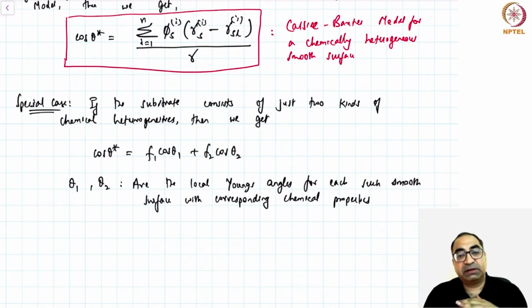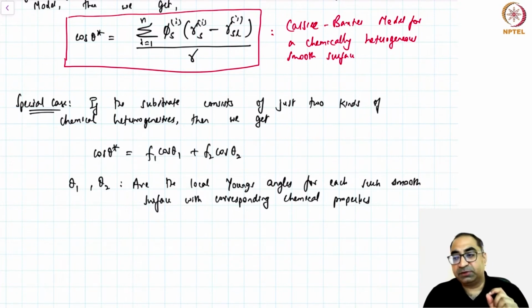Now we have a smooth surface but different chemical properties on the surface, and these different chemical properties lead to an apparent contact angle at the wall, which we can determine once we know what percentage of the surface is covered with treated regions and what percentage is untreated.